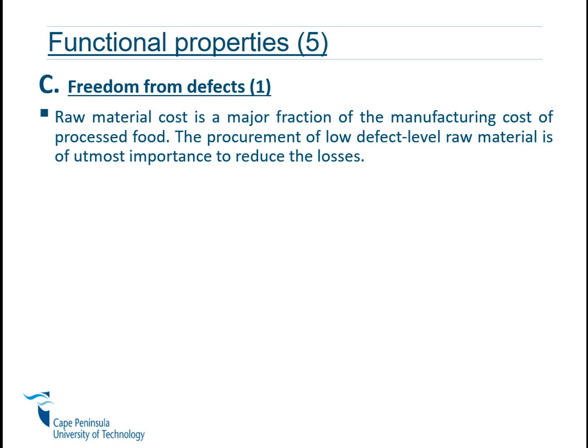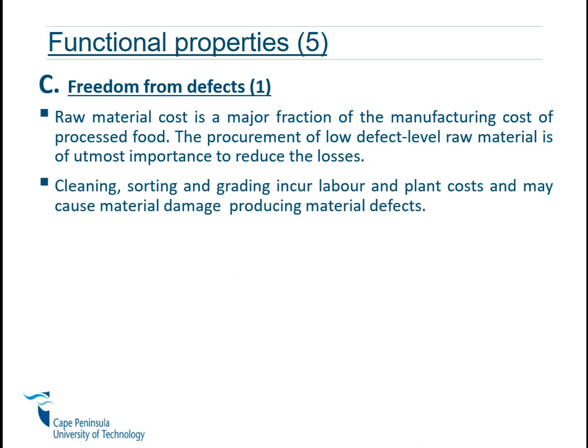Cleaning, sorting, and grading also incur labor and plant cost and may cause material damage, producing defects. So the choice of cleaning method, how you sort, how you grade, can also cause damage to your material, especially in the case of fruits and vegetables.